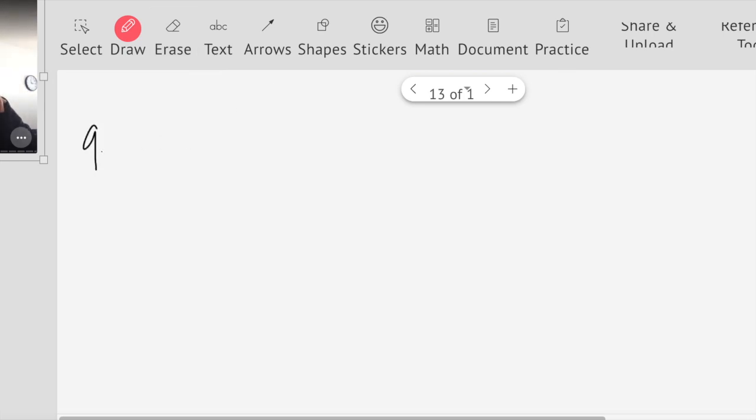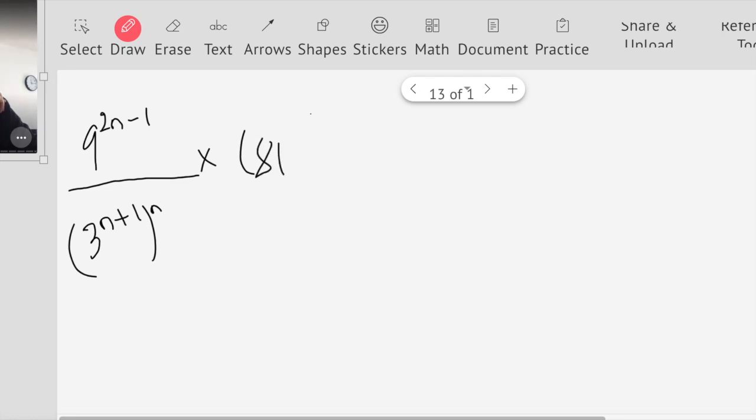So we have 9 to the 2n minus 1 divided by 3 to the n plus 1, all of this being raised to the n, times 81 to the n minus 1 being raised to n plus 1, divided by 27 to the n plus 2 being raised to n minus 1.